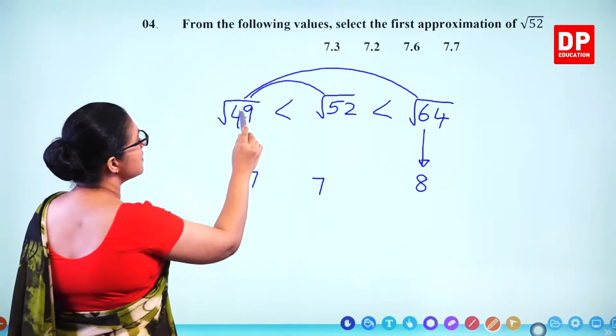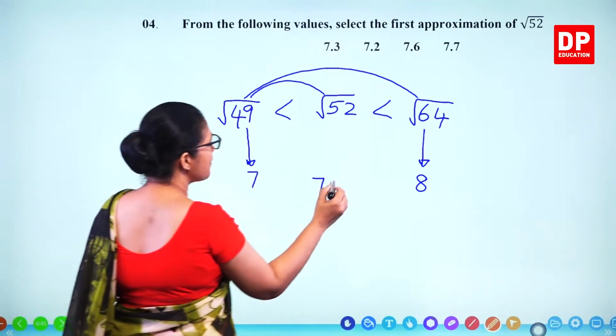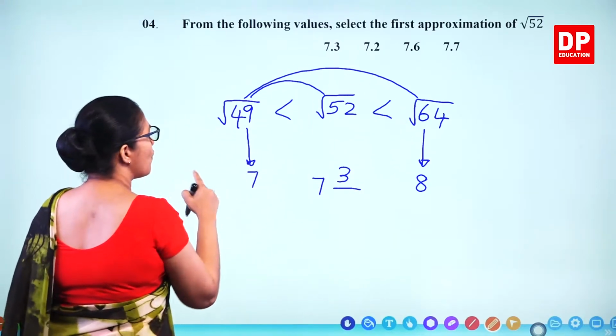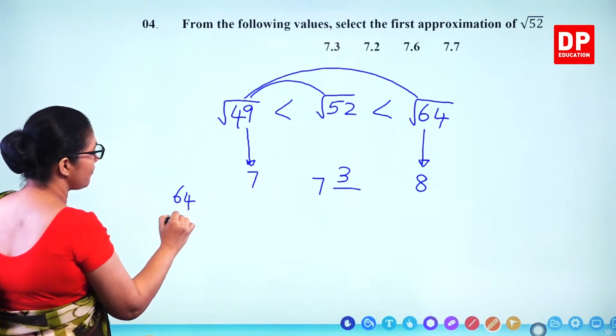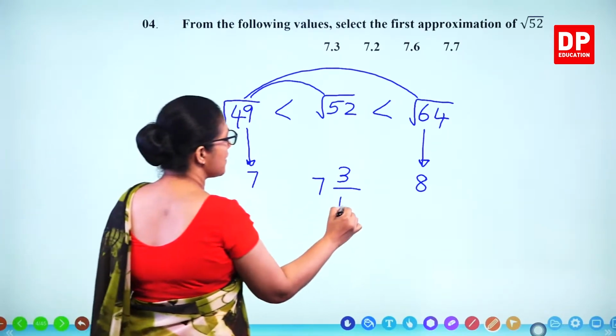So what's this distance? 49 to 52, that's 3 parts. What about 49 and 64? 15 parts are there.